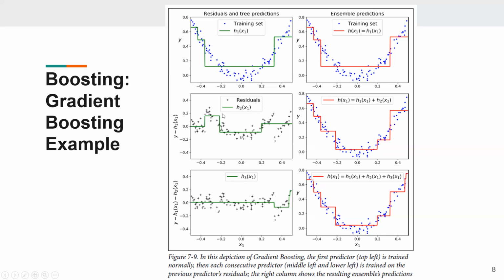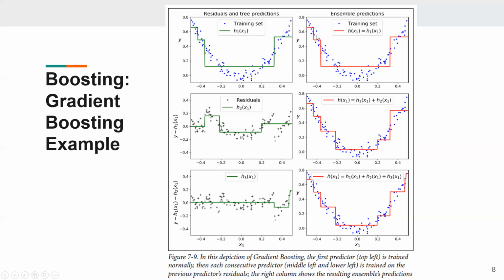This decision tree regression model is our h2. The next step is to calculate the residuals based on this model and use that as my dependent variable to build the third decision tree. Then your ensemble prediction would be on the right-hand side of this chart.